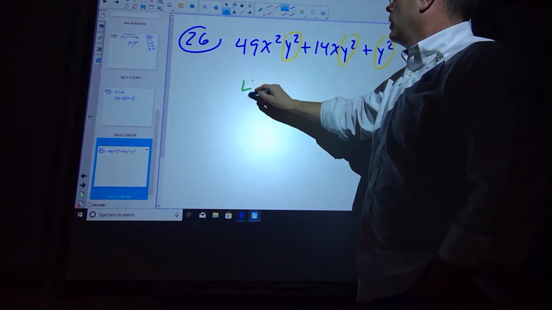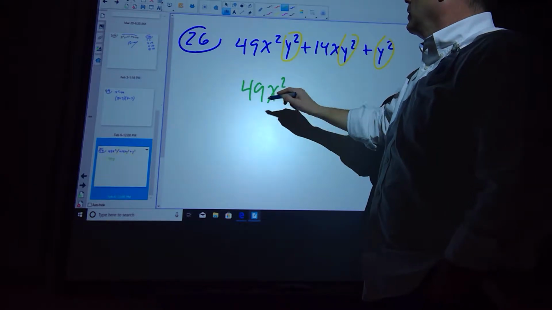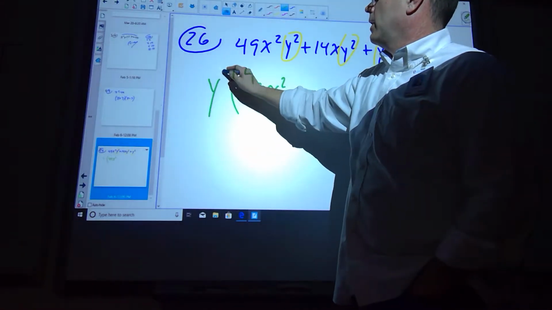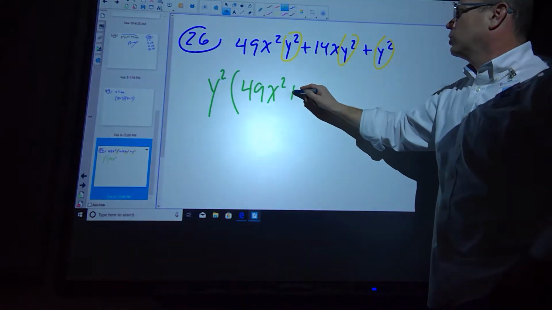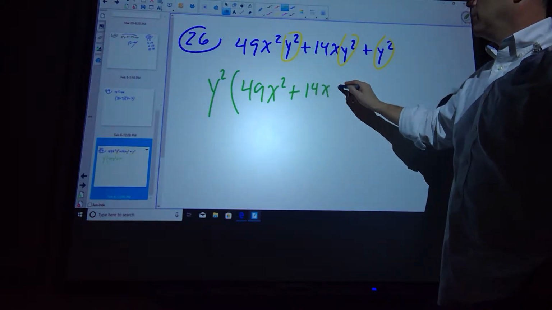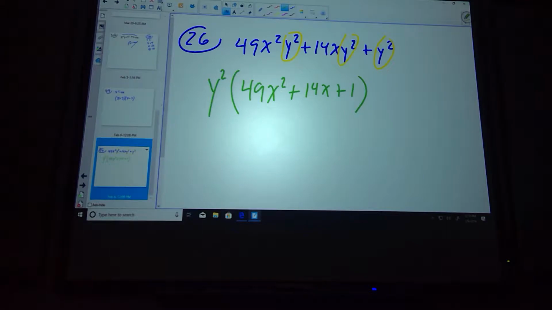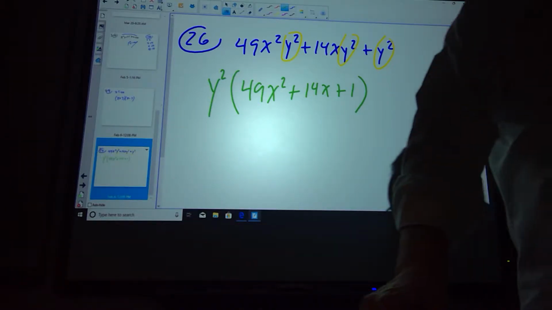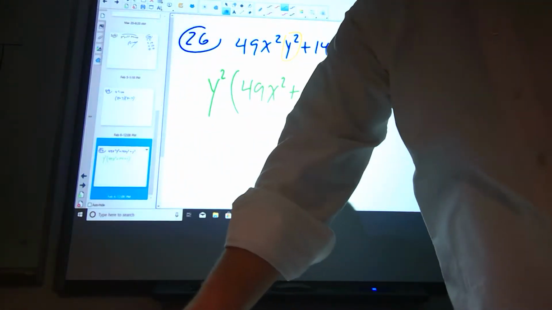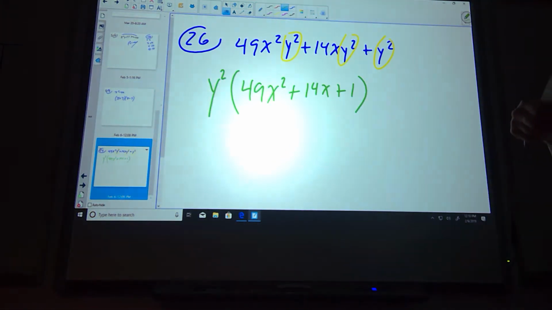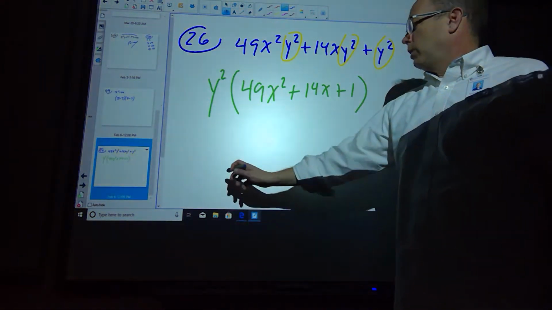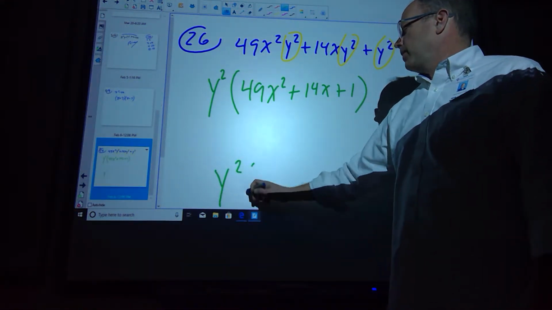So that's going to leave me 49x squared. There's going to be a y squared that I brought out. That'll come down at the end. Plus 14x plus 1. Is that okay so far? Good. All right. So I know the y squared is part of my answer.